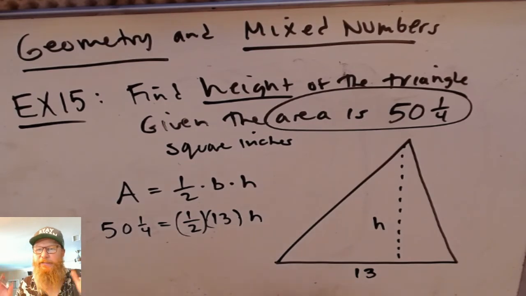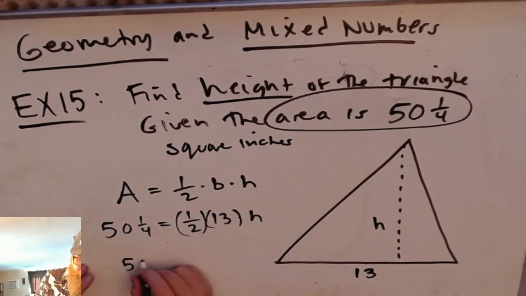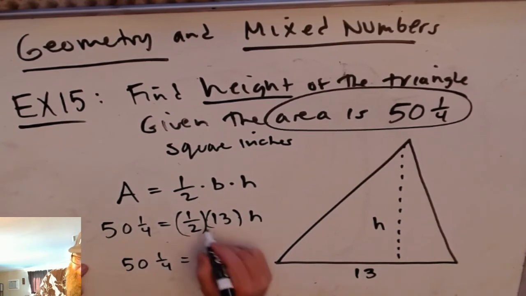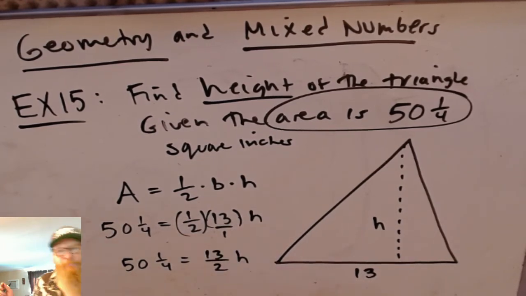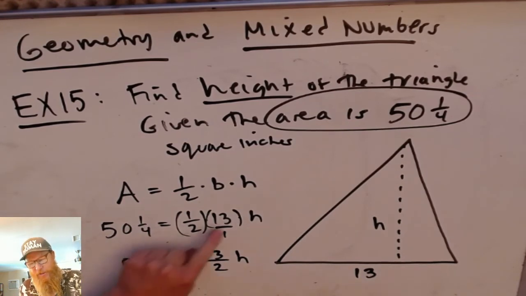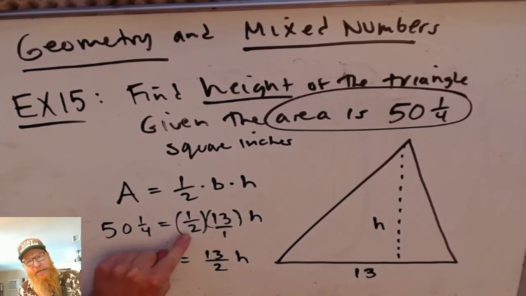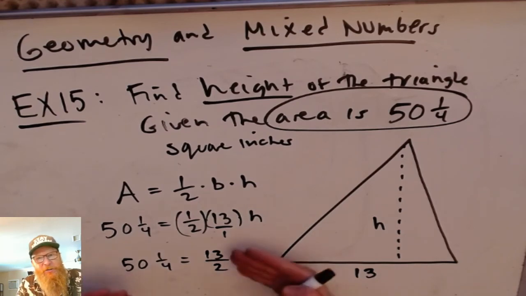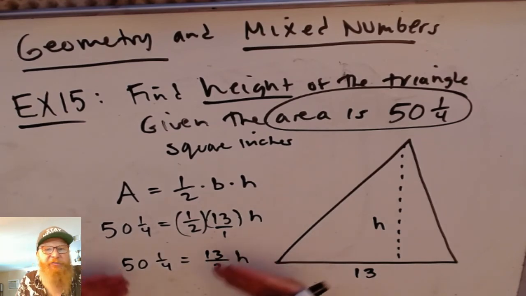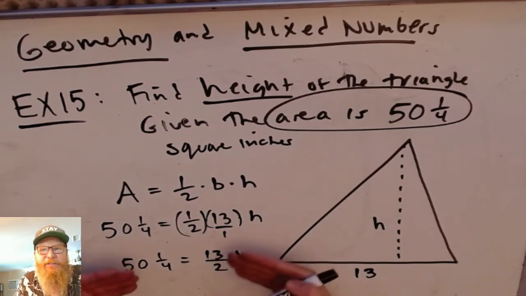Now, this is going to be tricky because you have a mixed number and then you have an improper fraction. 13 times 1 is 13, and 1 times 2 is 2. So you've got conflicting notations. One of them is improper and the other one is mixed.